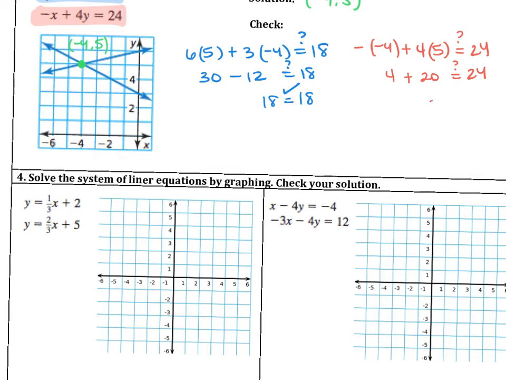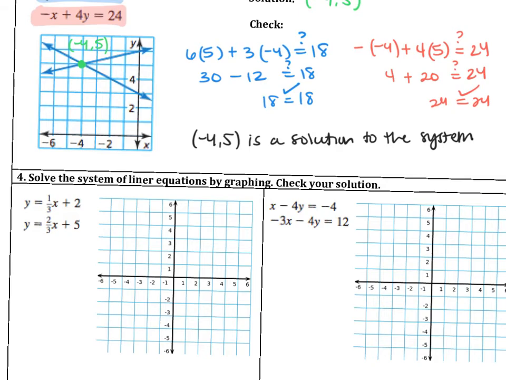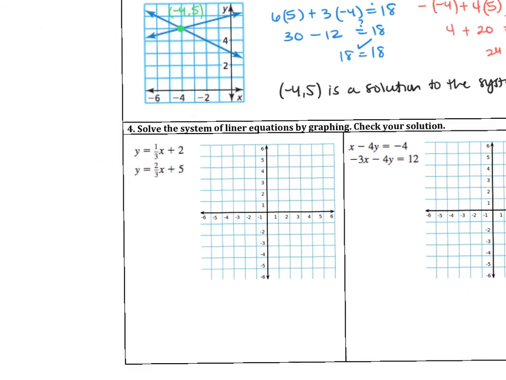And after I simplify further, 24 does equal 24. So I just checked and verified that (negative 4, 5) is a solution to the system. All right. Moving right along here.